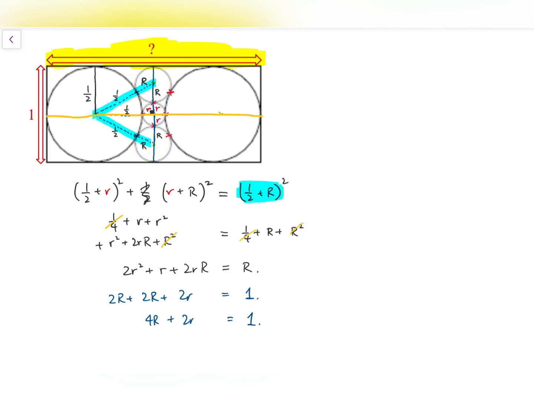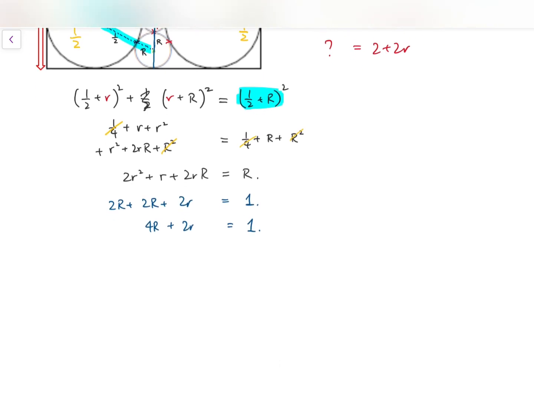And from this, we have gone through the diameter of the largest circle at the two sides twice. So that is question mark equals 2 times 1 plus 2 small r. So actually, for our final goal, we're supposed to find small r. Now that means we should aim for solving for small r from our two equations about small r and big R. So let's try to solve it.